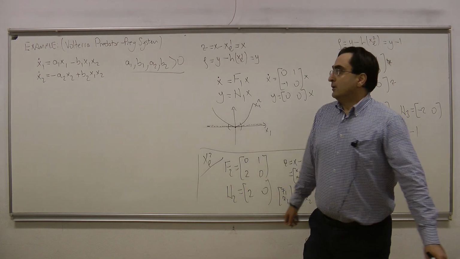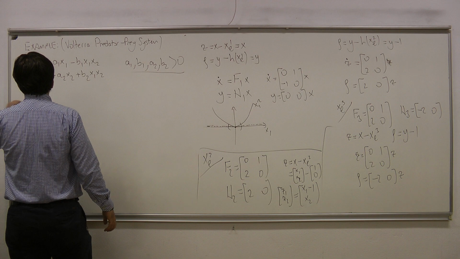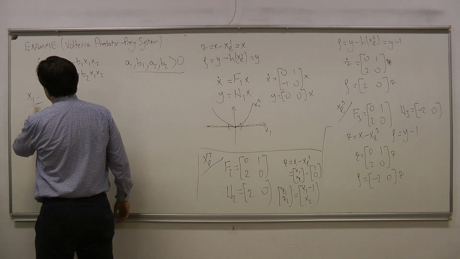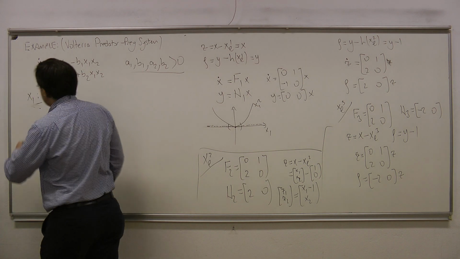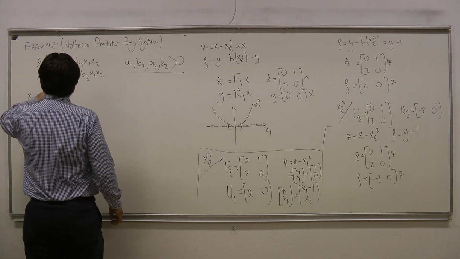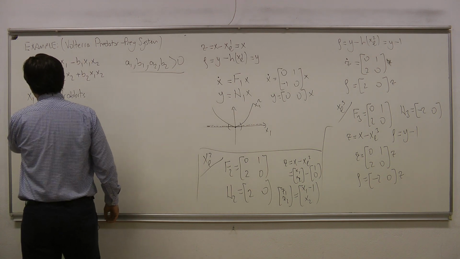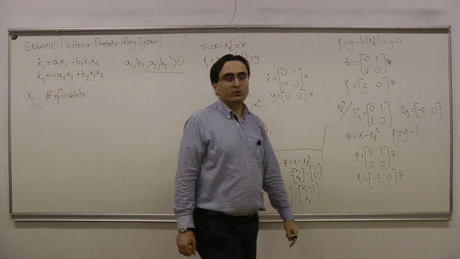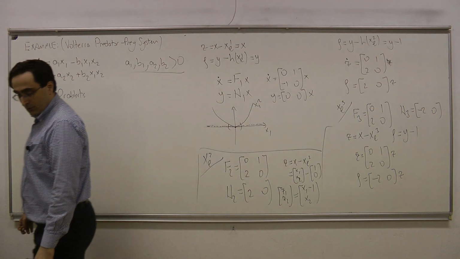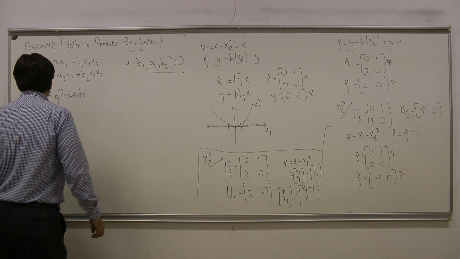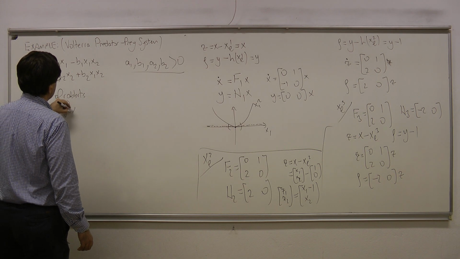So here, x1 is actually the number of the prey animals, let us say the number of rabbits. Traditionally, these are rabbits and foxes. So rabbits are tavşan, and foxes are tilki. x2 represents the number of foxes.